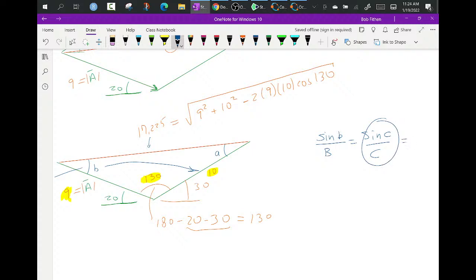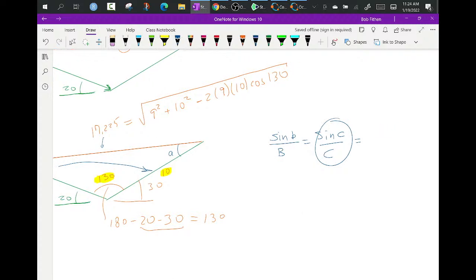This was given to me as sine of 130 over 17.225 and some extra digits, which I can carry inside of Octave. And then I've got the b. Over here, this b is 10.